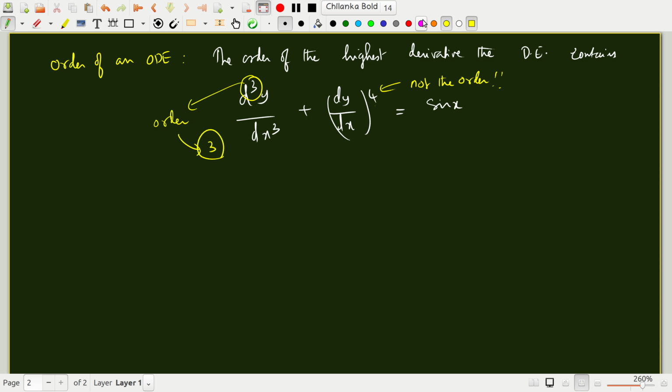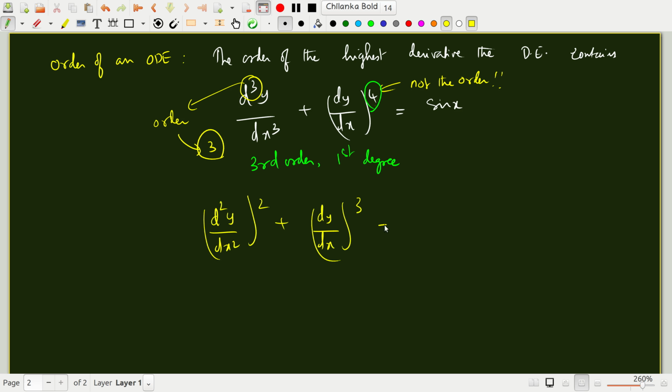Now this is called the degree. This is not the order. The highest power to which the highest order derivative is raised is called the degree. So this is still third order, of first degree. Suppose I have (d²y/dx²)² = 0.